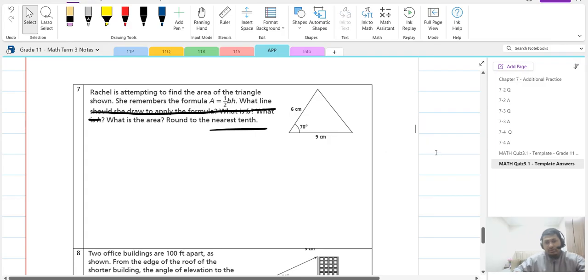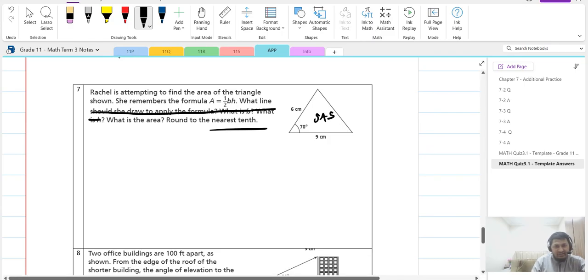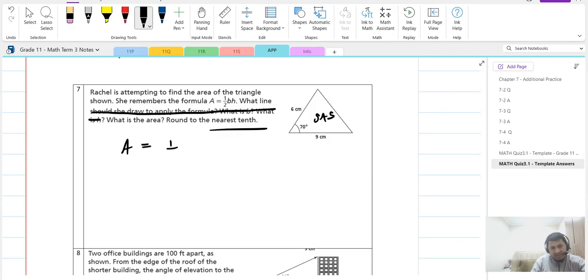We don't need the proof. So what we have is side, angle, side. I said multiply the half times the product of the two arms, times the sine of the angle. So side, angle, side implies the area rule. So area is half times 6 times 9 sine 70, and we'll just put this in.